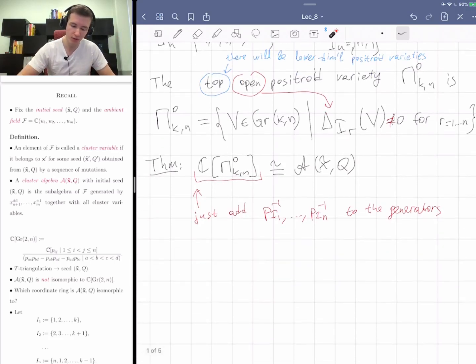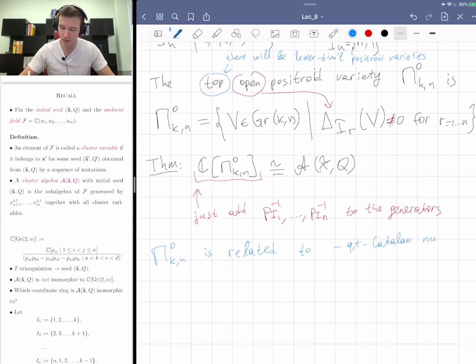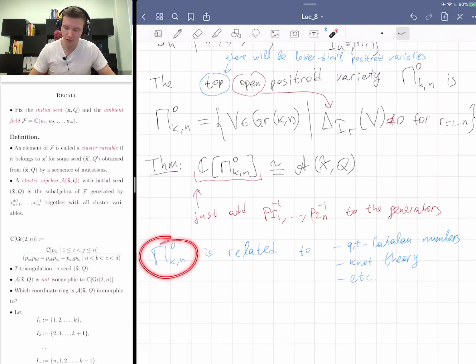And so this top positroid variety is also going to be the one that's related to, I don't know if you saw the syllabus, all kinds of very exciting stuff like q,t-Catalan numbers and knot theory, etc. So there is a whole bunch of exciting things which you don't see if you just work with the Grassmannian.